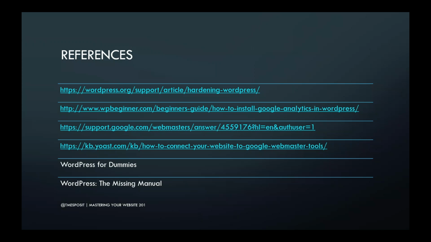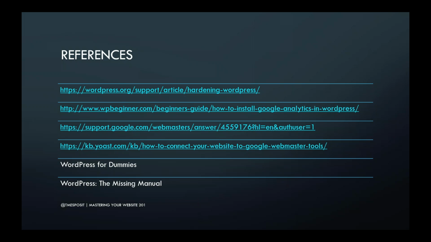If you would like any further information, I recommend these sites. The first one's about hardening, which was what one of the tools did. There's a site here on how to install Google Analytics on WordPress, which I used when I created this webinar a few years ago. There's some stuff on Yoast, which is the SEO, how to set that up, and some great books.